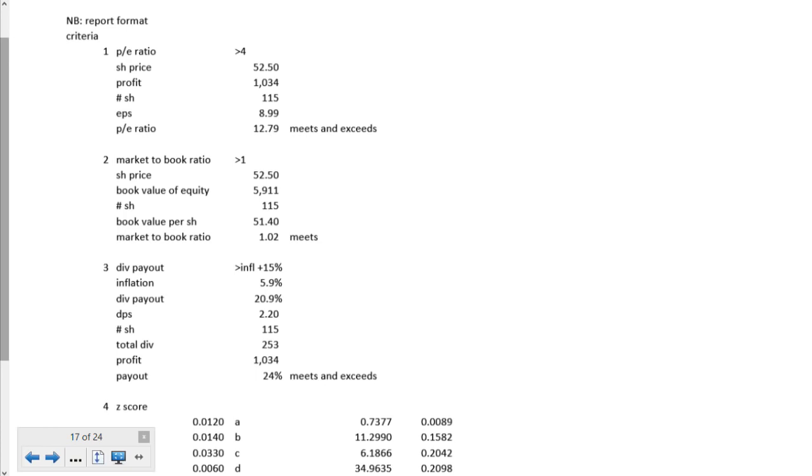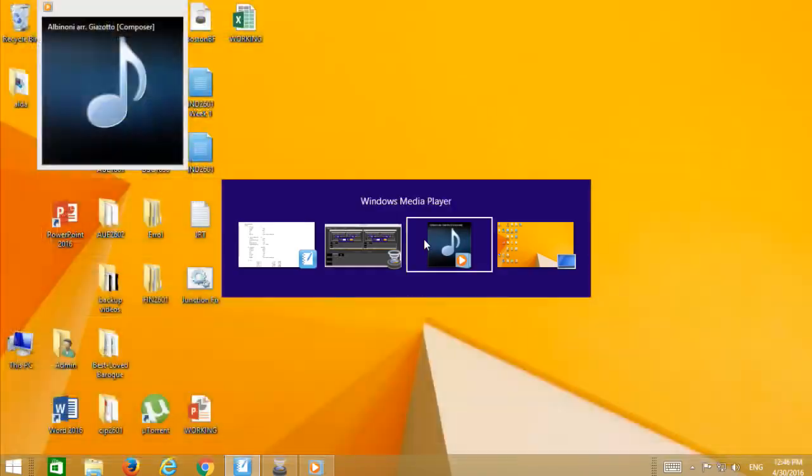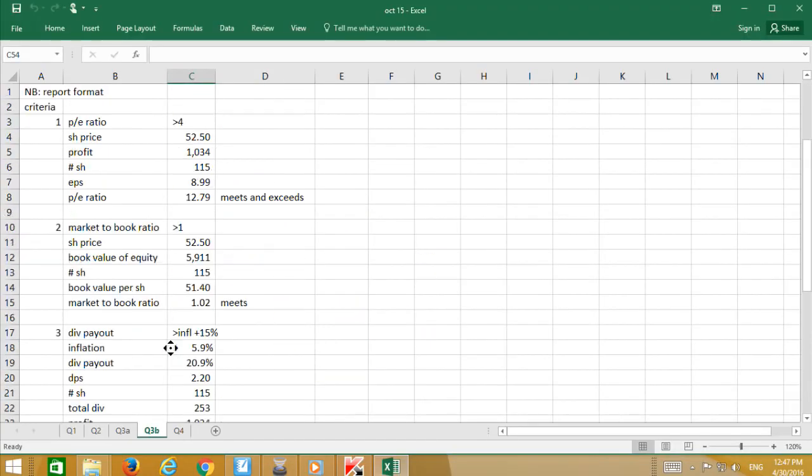The price over earnings is 52 divided by 8.99. It doesn't give us that. What does it give you? 5.834. Price over earnings.